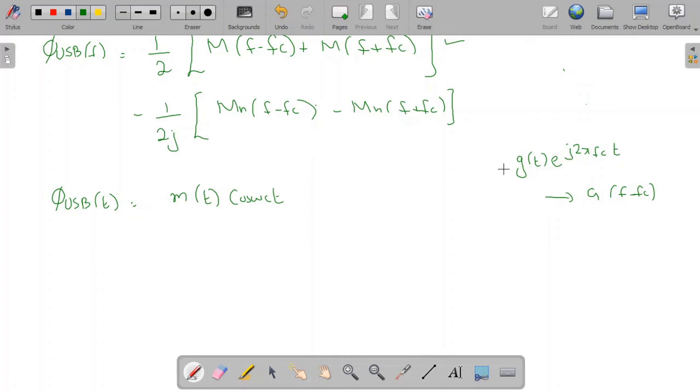We can write this as m h of t common, and also the 2j, times e power j 2 pi fct minus e power minus j 2 pi fct.